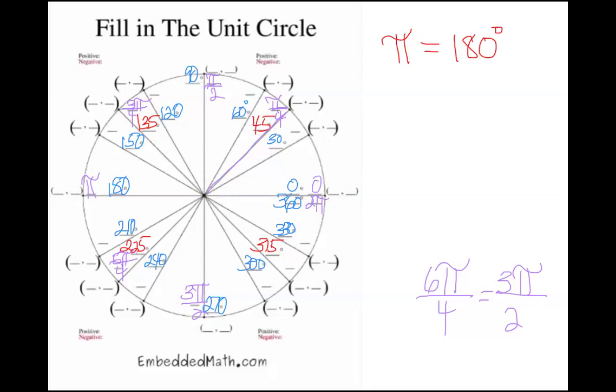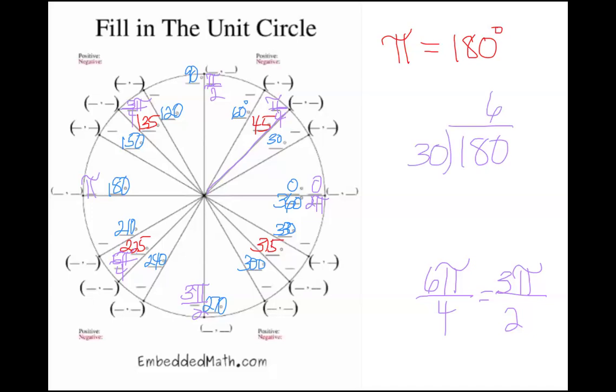Okay, so that's got the measurements for the fourths and the halves. Let's go to the 30s. If I look at 30 degrees, I want to see how many times 30 goes into 180. Well, it goes 6 times.